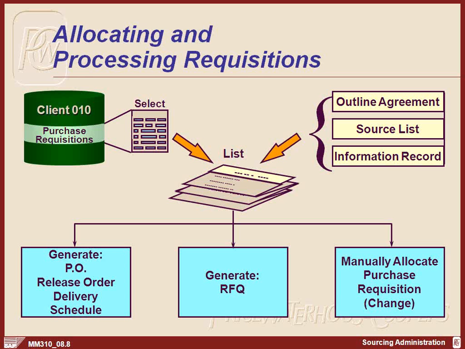Just a question on this so far. Yes, Sudhakar, please. Take the example of a material attribute value. I would like to restrict PO creation to only the vendors that exist in the source list.